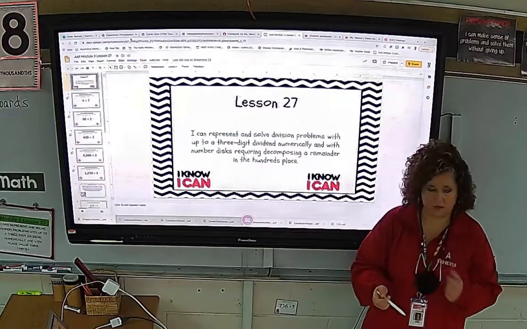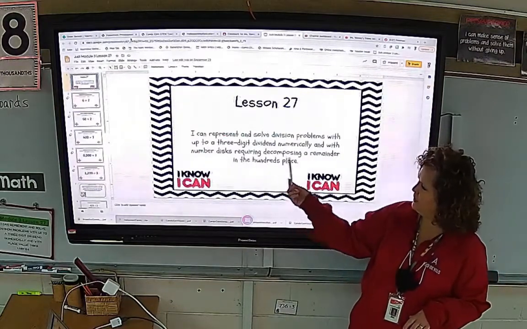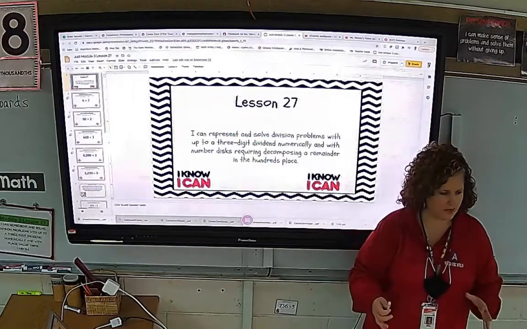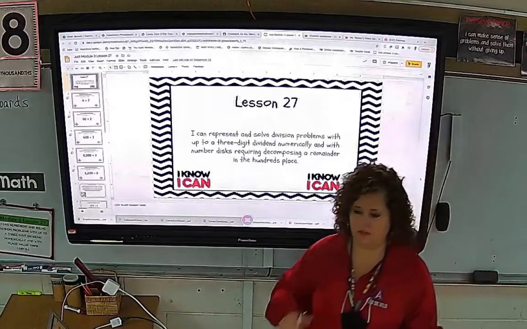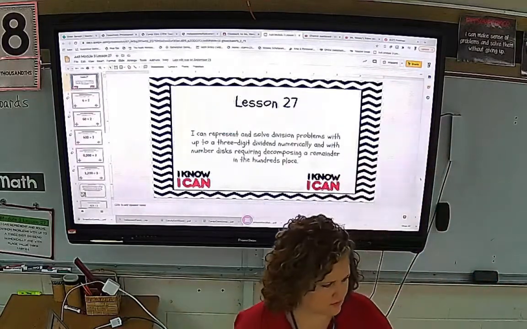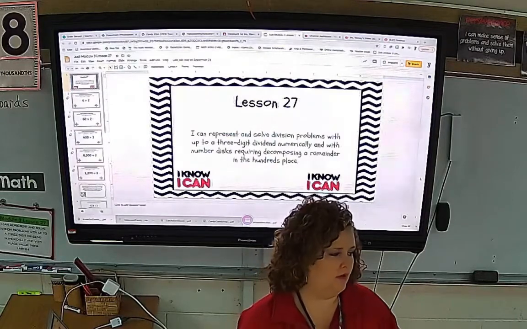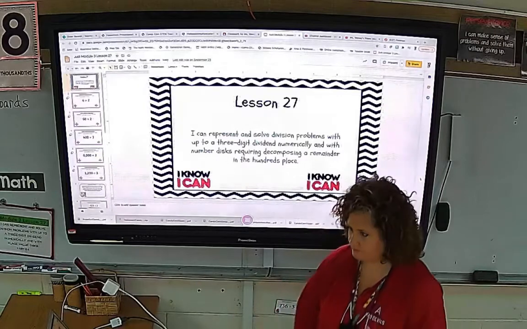Place value chart, okay. And requiring decomposing a remainder in the hundreds place. Let me break that down for you. They are asking us to do up to 3-digit division with a place value chart. And these problems that we do today might have a remainder.